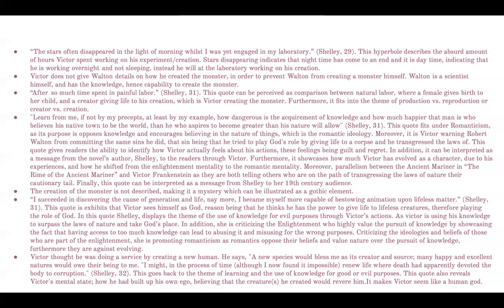Now, another quote: "Learn from me, if not by precepts, at least by example, how dangerous is the acquirement of knowledge. Much happier the man is who believes his native town to be the world than who aspires to be greater than his nature will allow." So basically, this is saying how Victor is transgressing the laws of nature by playing the role of God and giving life.